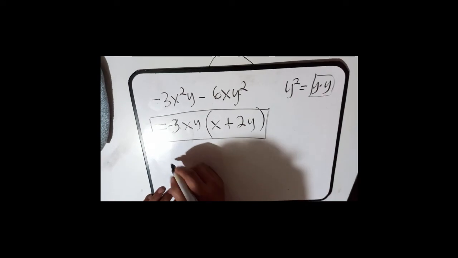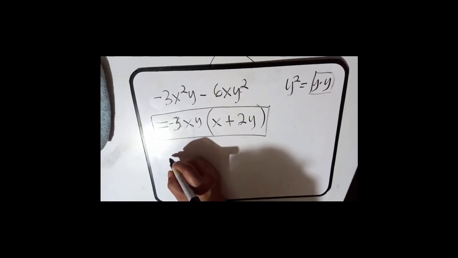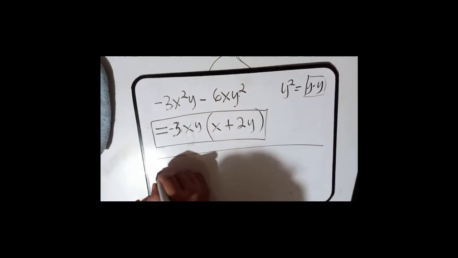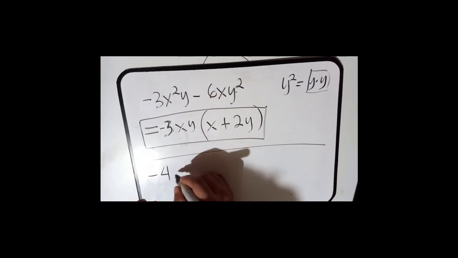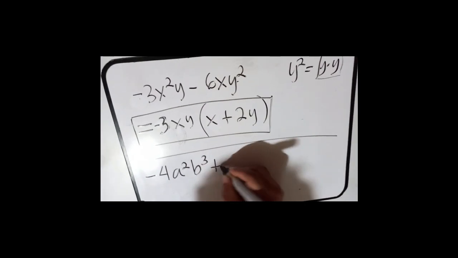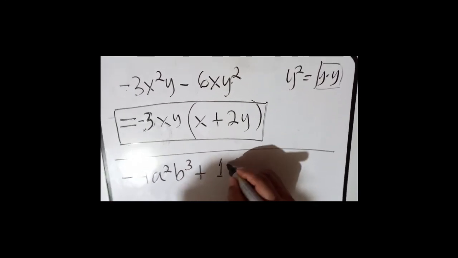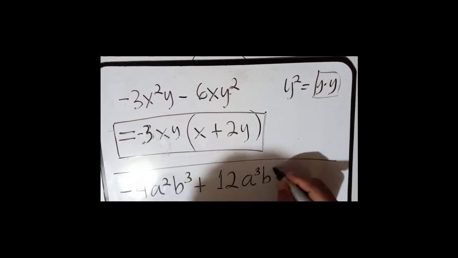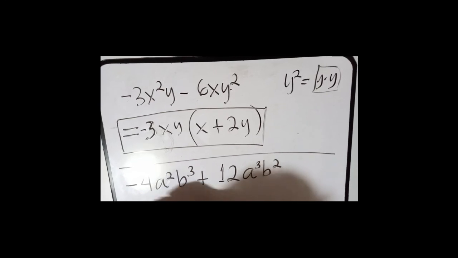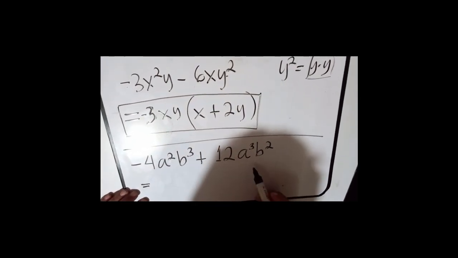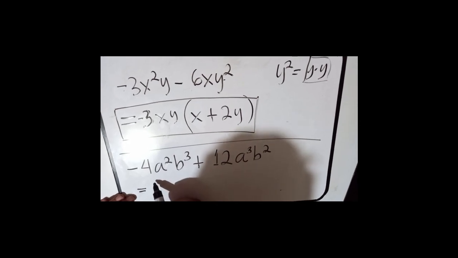Okay, let's have another example. This time let's try negative 4a squared b cubed plus 12a cubed b squared. Okay, so what is the common for both terms in terms of coefficient?